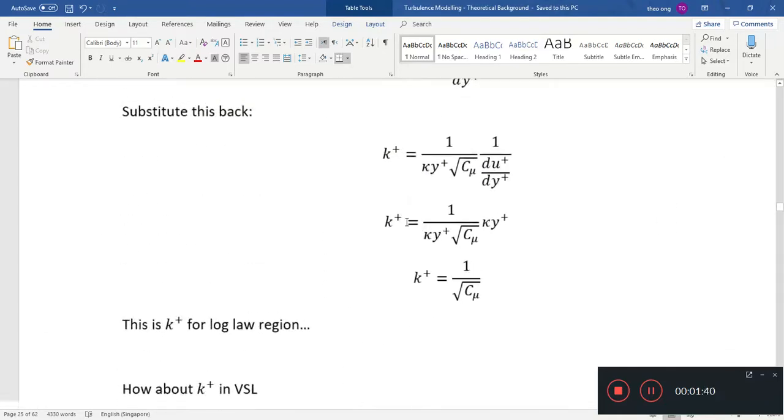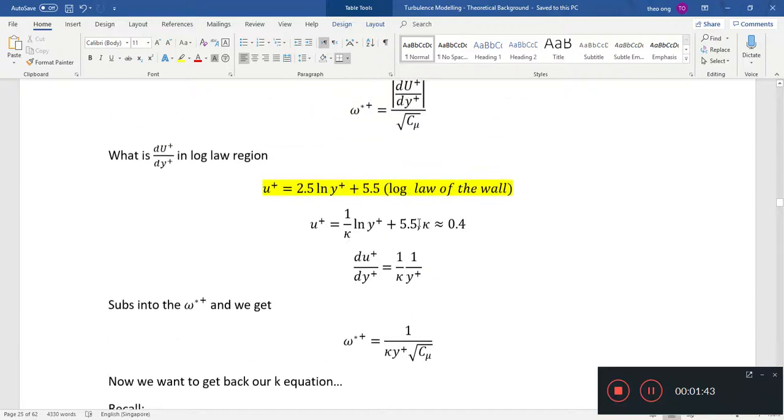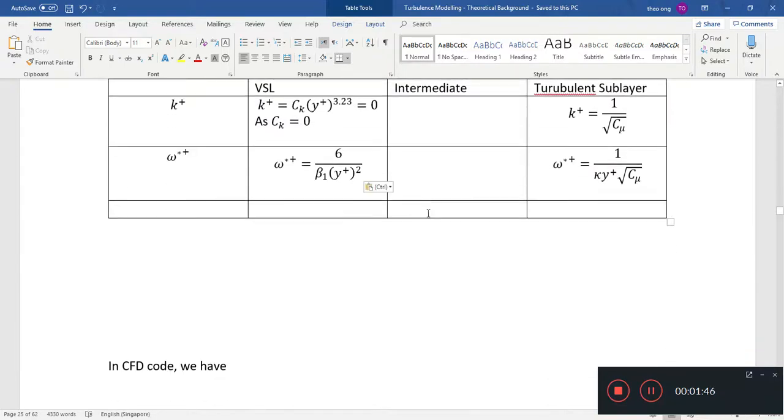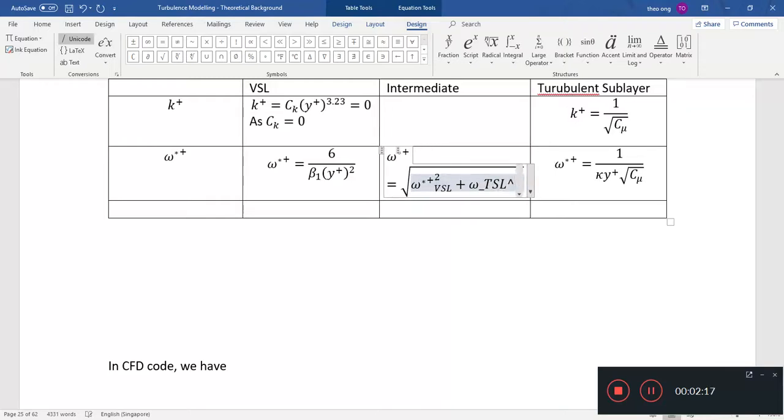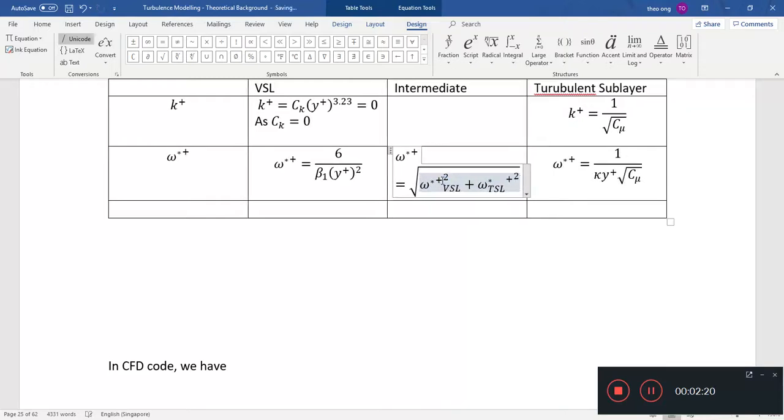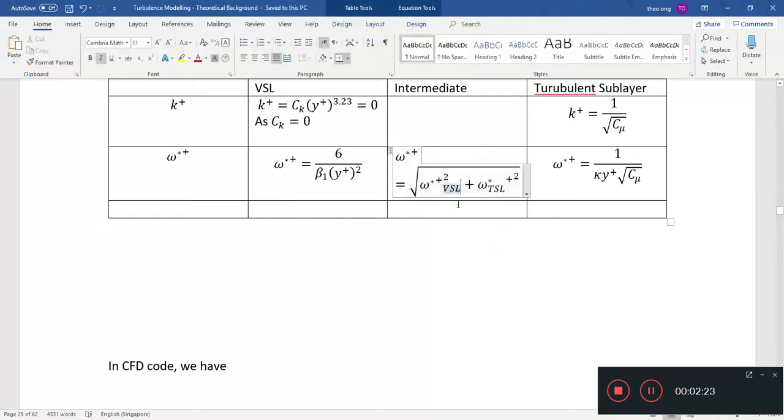If we want a value in the intermediate region, we look at the root mean square, so I'll write omega star plus equals the square root of omega star plus squared in the viscous sublayer plus omega star plus squared in the turbulent sublayer. All right, so that's how we deal with it.